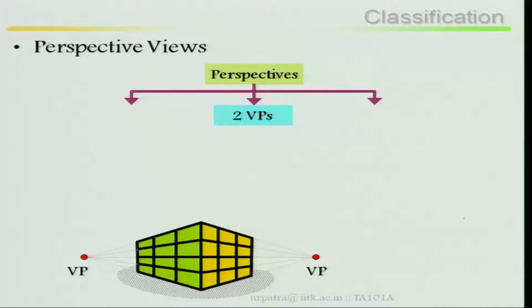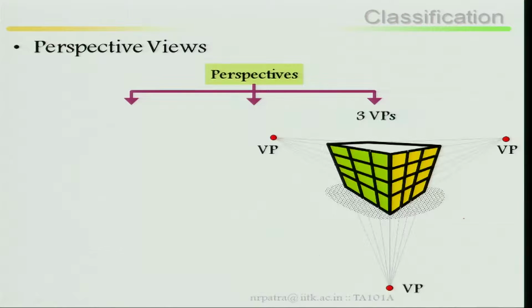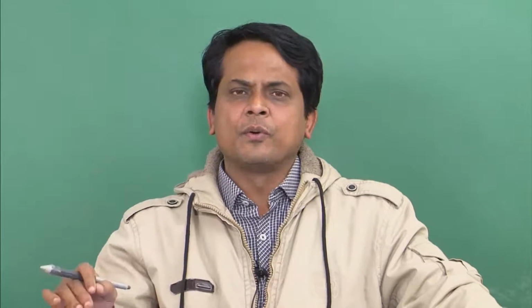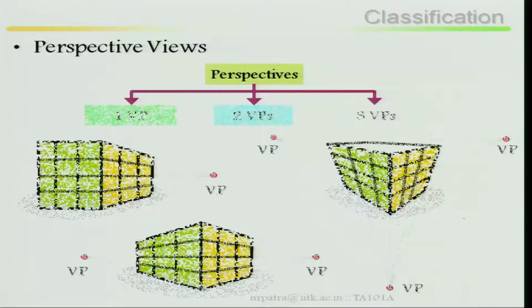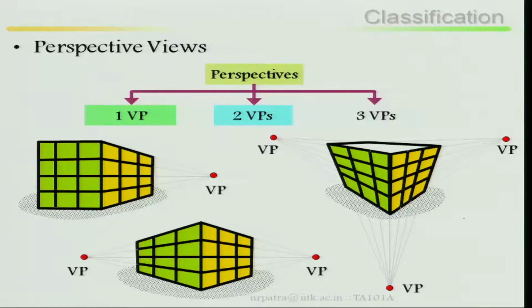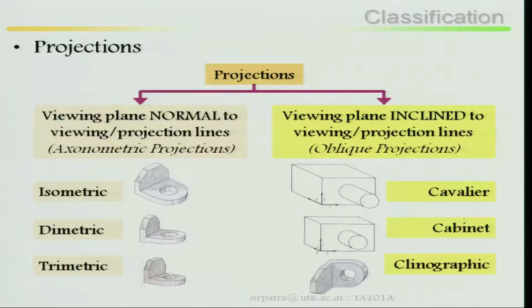Second is two vanishing points. Third one is three vanishing points. In perspective views all lines merge at a point, this is called your vanishing point. It may be one, two or three vanishing points, depending upon your perspective view.